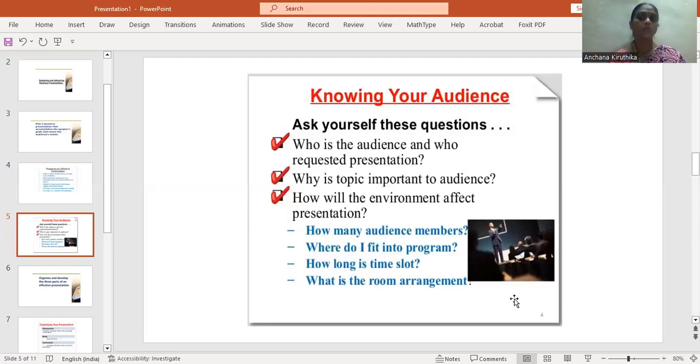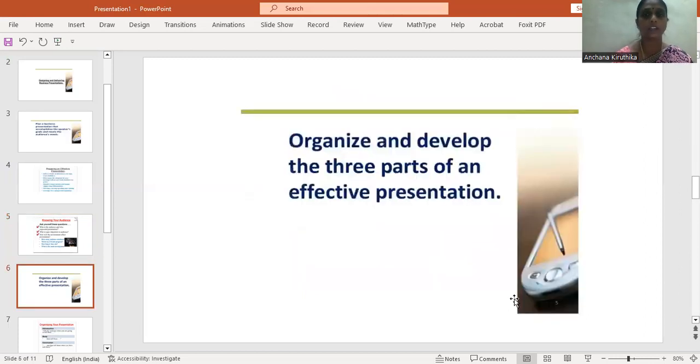And as I told, the room ambience, the number of audience, and the time duration, everything will affect. If it is a very lengthy presentation, then everyone will get bored. That also we have to understand. By the body language of the audience, the speaker may understand the mentality of the audience.